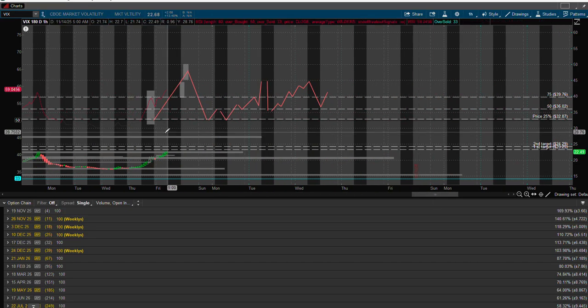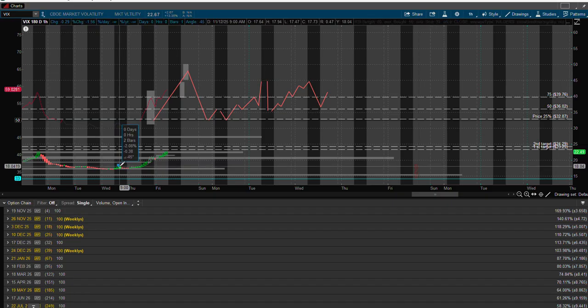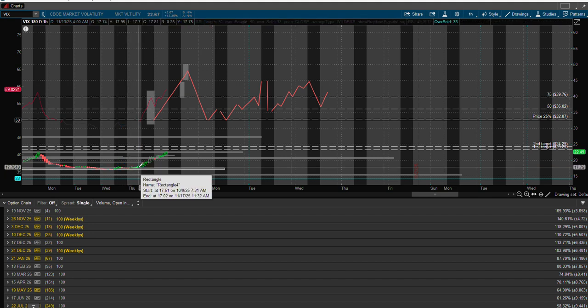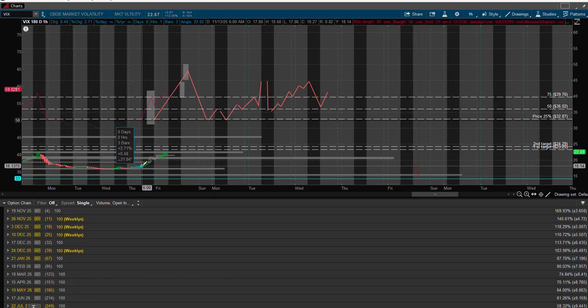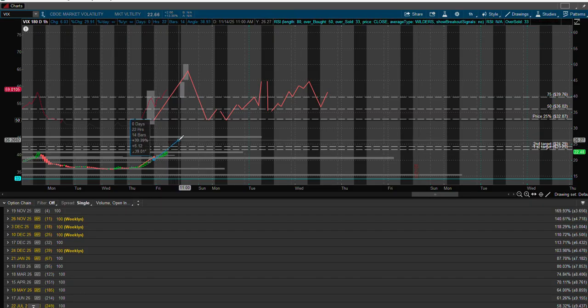Okay, buy off support. Wait, all right, wait a minute. Buy off support, sell into resistance. Okay, you can see that support, sell into resistance.